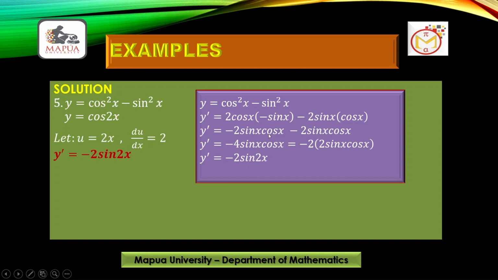Then this is negative 2 sine x cosine x, negative 2 sine x cosine x, which we can add as negative 4 sine x cosine x, or we can factor the negative 2, so negative 2 times 2 sine x cosine x. Again, this is another identity: 2 sine x cosine x is the sine of the double angle. So this can also be expressed as sine 2x, multiplied by the coefficient of negative 2. As you can see, they are the same. You will arrive at the same final answer, but in this second method, we also use an identity.